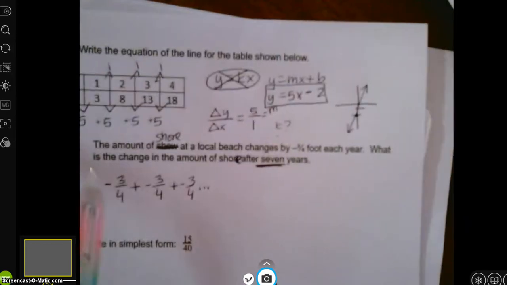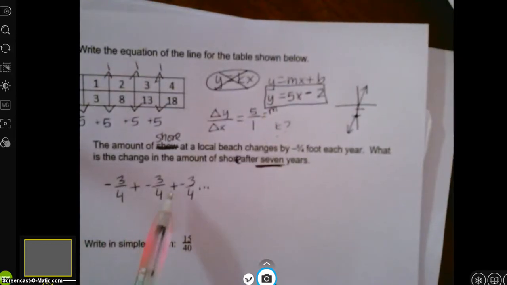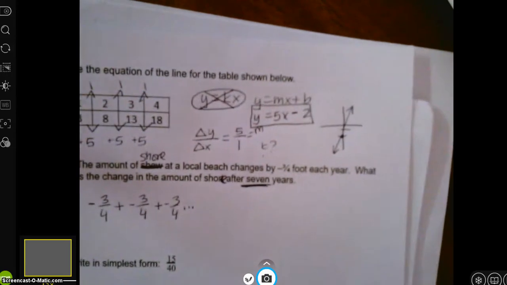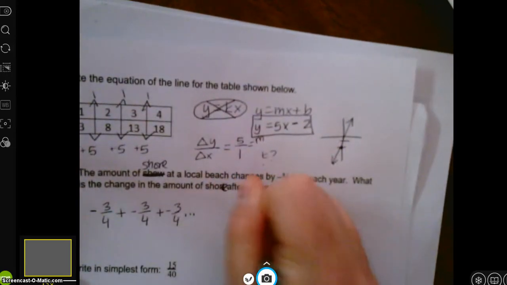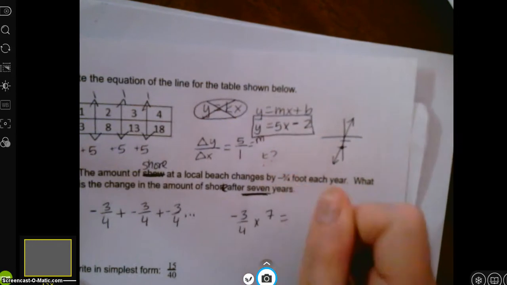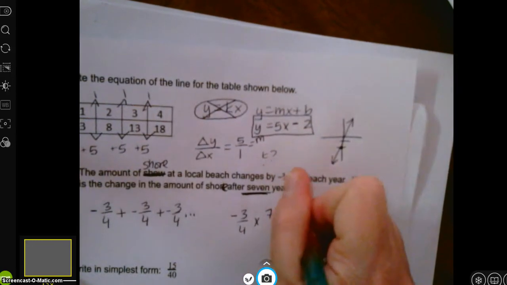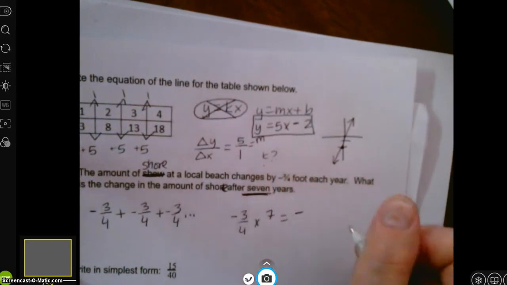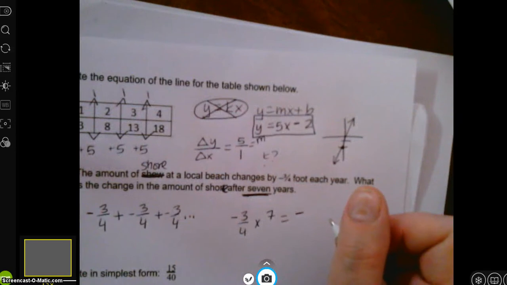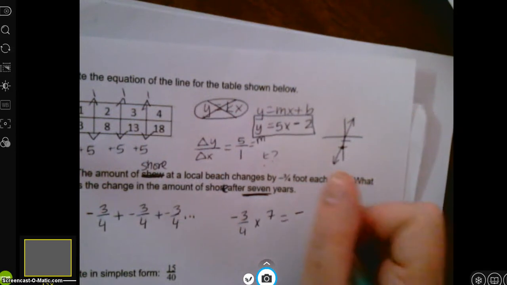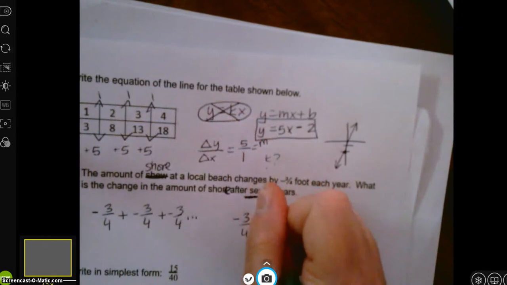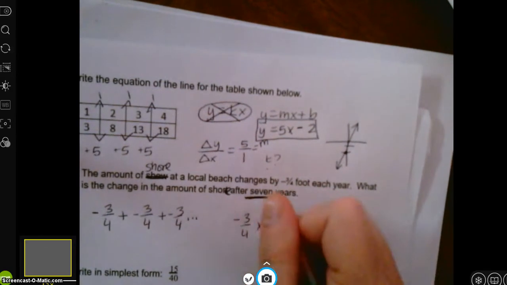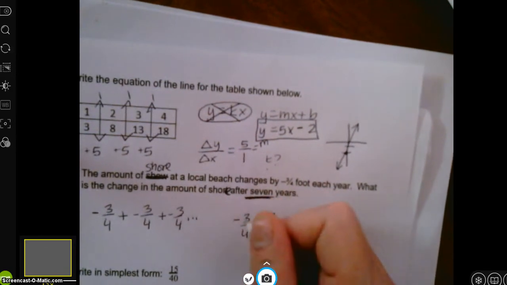I lose this much, then I lose this much, then I lose this much, okay? So instead of doing that, we're going to do negative 3/4 times 7, okay? The amount of change is going to be a negative, because negative times positive is a negative, or we need a number representing the loss, okay? So the number to represent a loss is going to be a negative. No keep change flip, no relationships here.